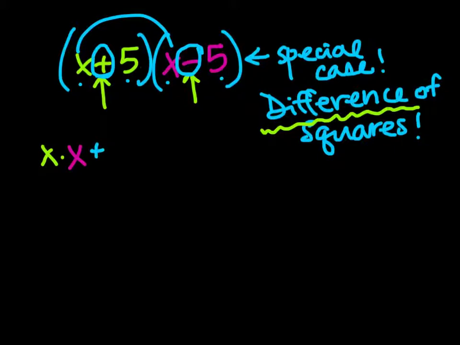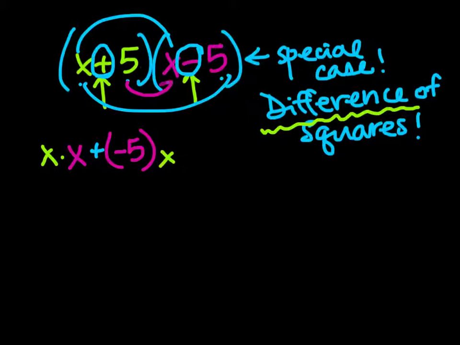Then we have outside terms, so we have a negative 5 times x. Then our inside terms, which will have a 5 times x. And we will have our last terms, and we'll have a positive 5 times a negative 5.